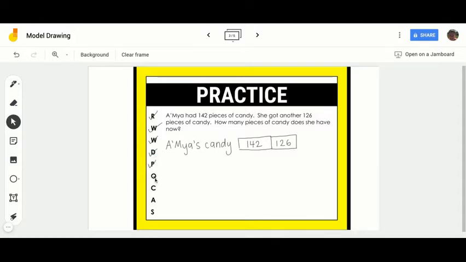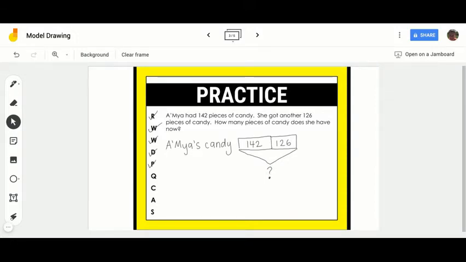And I'm going to go to my next step for my Q. How many pieces of candy does she have now? So again, I want to know the total. So I'm going to take my 142 and my 126. I'm going to combine them together and put my question mark down here.